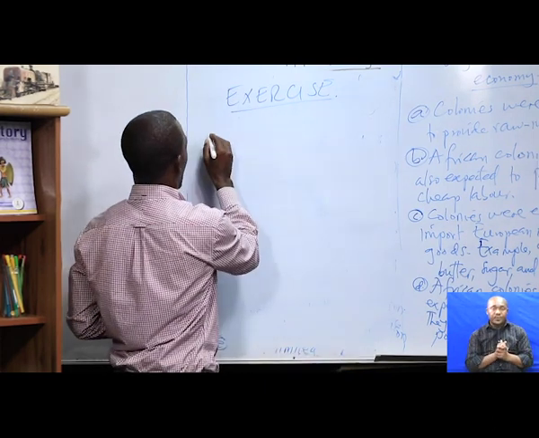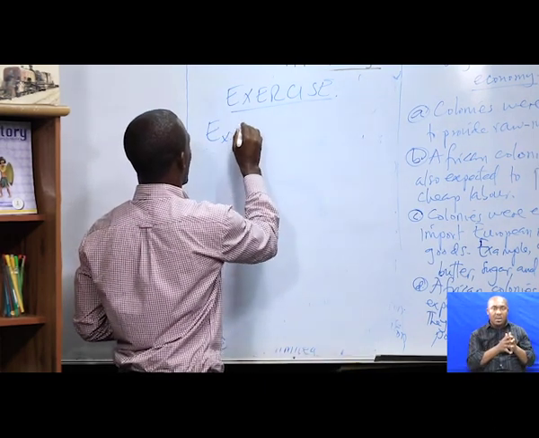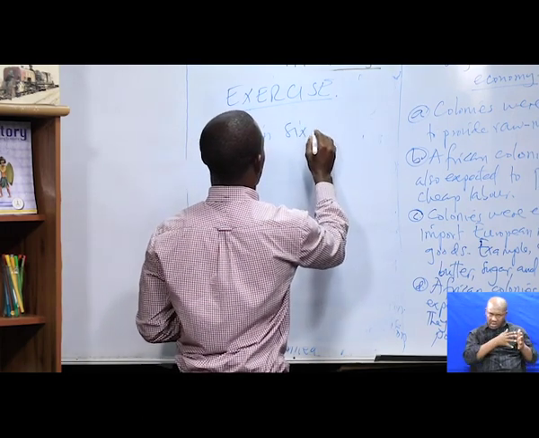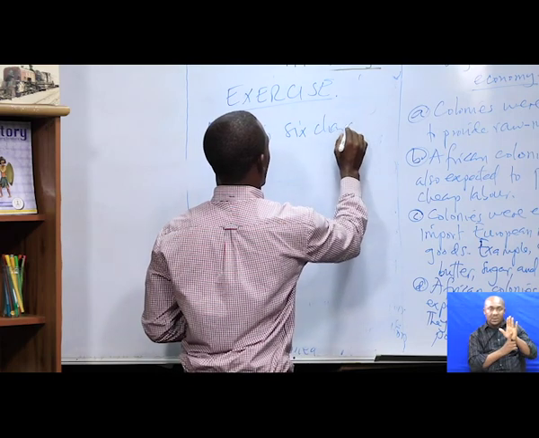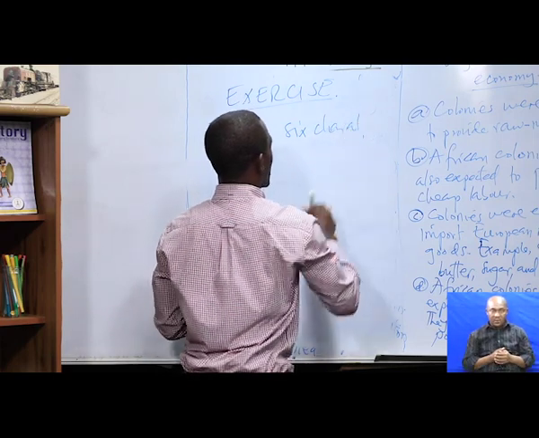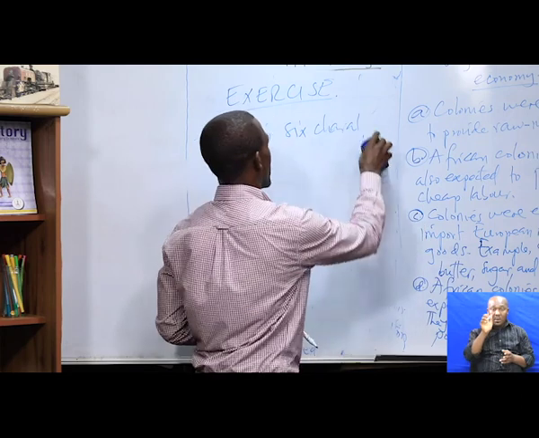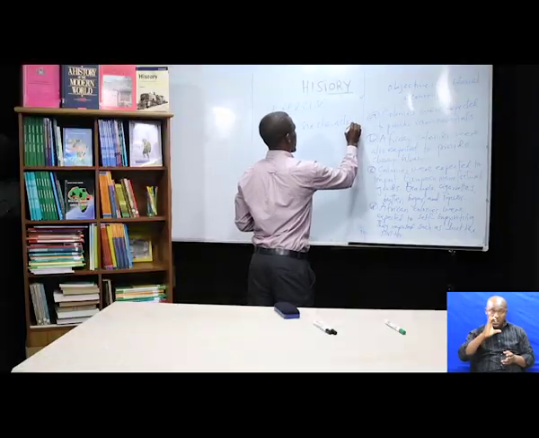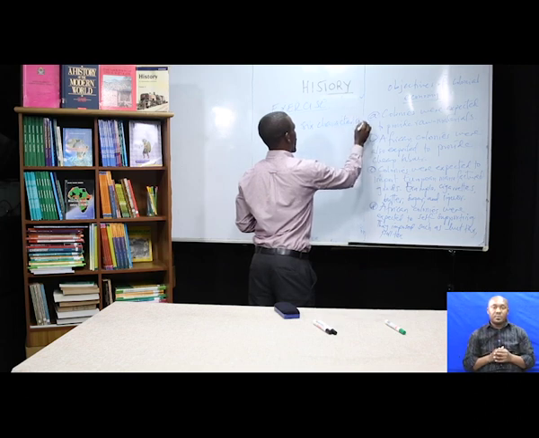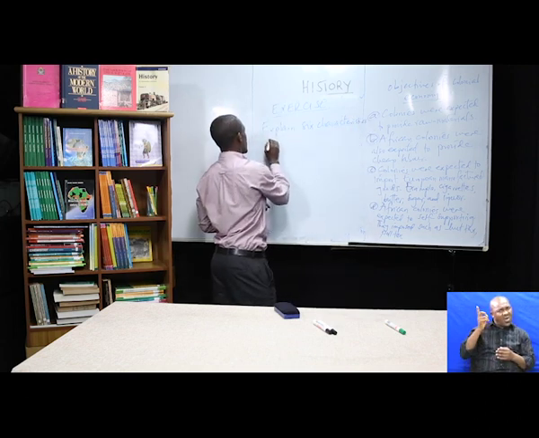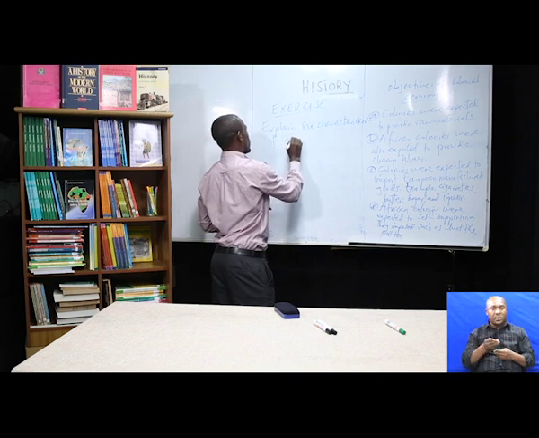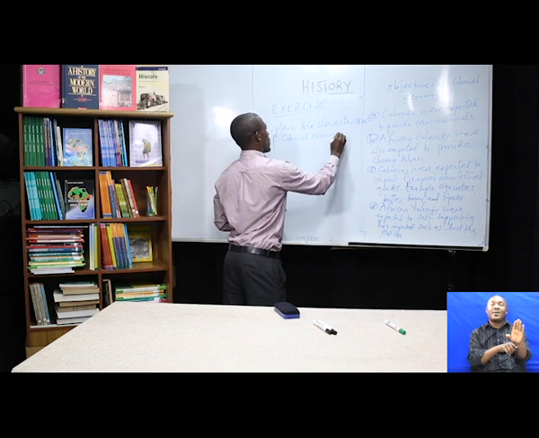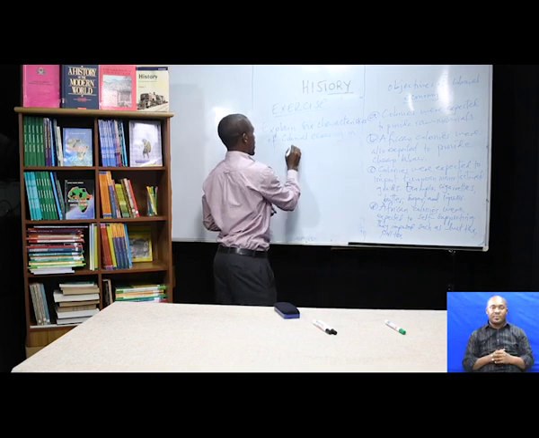It says, explain six characteristics of colonial economy in Africa.